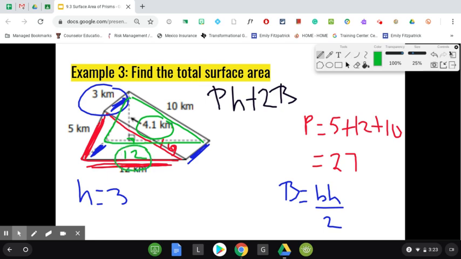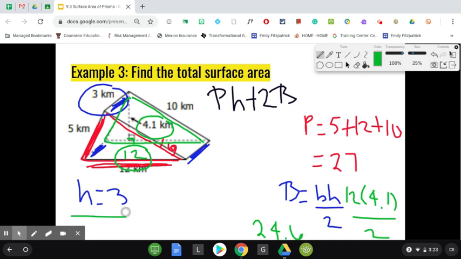Okay, so my base is 12 and my height is 4.1. So 12 times 4.1 divided by 2. Let me calculate that. I get 24.6. So that's the big B, the area of the base.